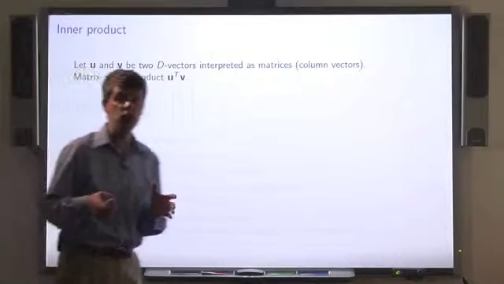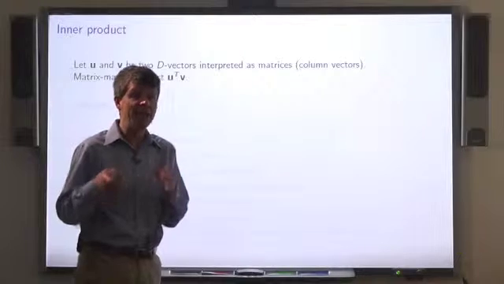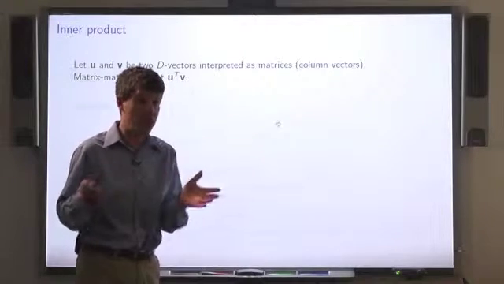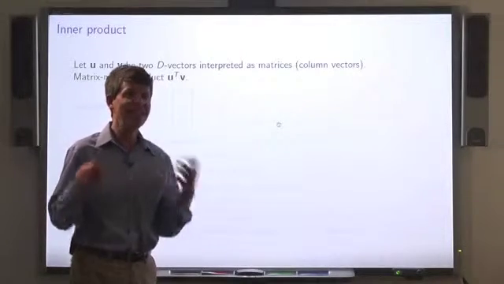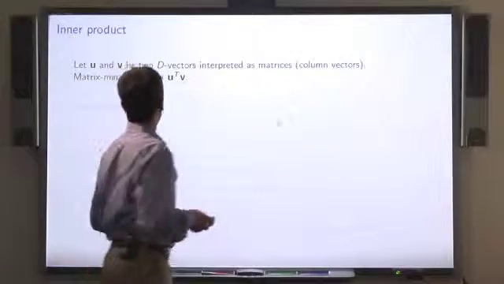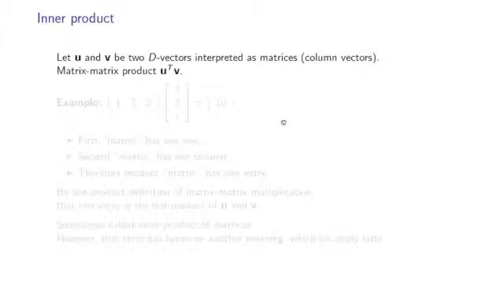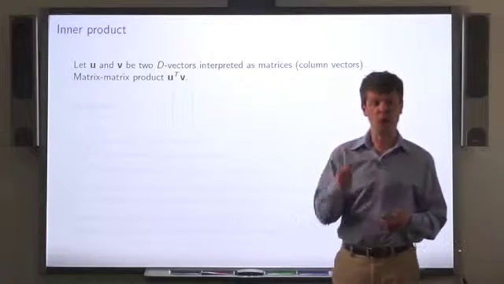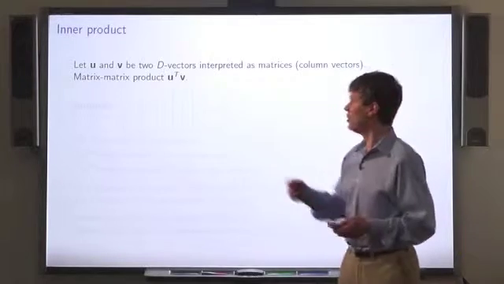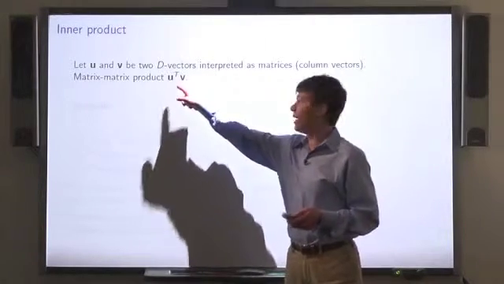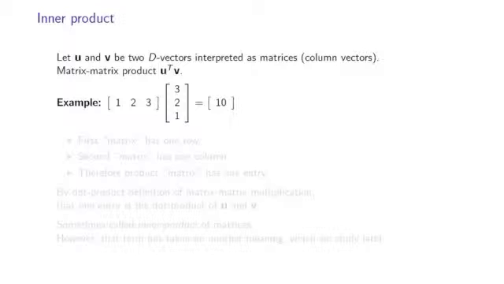Now that we know how to interpret vectors as matrices, either column vectors or row vectors, let's see what it means to multiply them. There are two ways to multiply vectors interpreted as matrices. First, let's take the product of a row vector times a column vector. We'd write that U transpose times V. Here's an example.